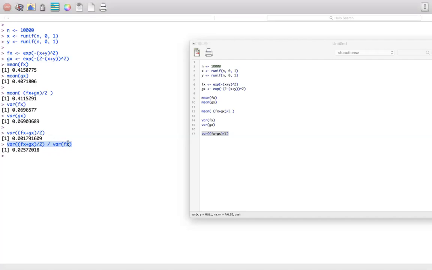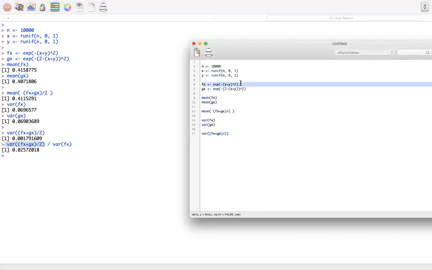As you can see, the numerator here is much smaller than the other, just about 2.5% of the variance of fx, the usual form. So you have achieved close to a 98% reduction relative to the variance of fx.